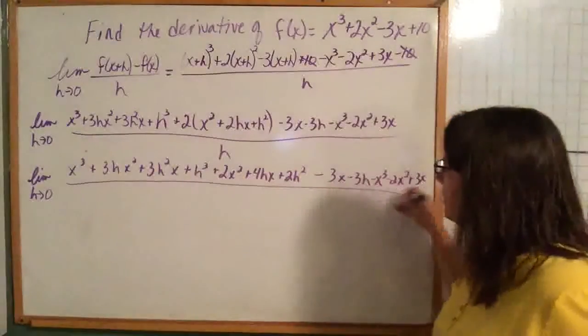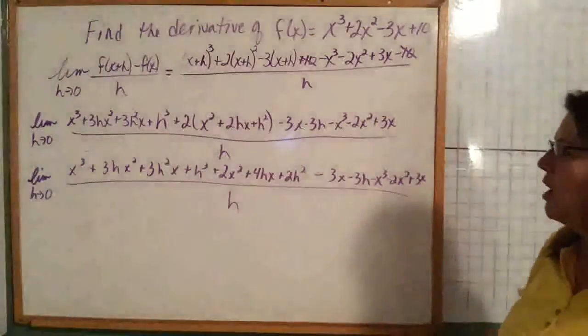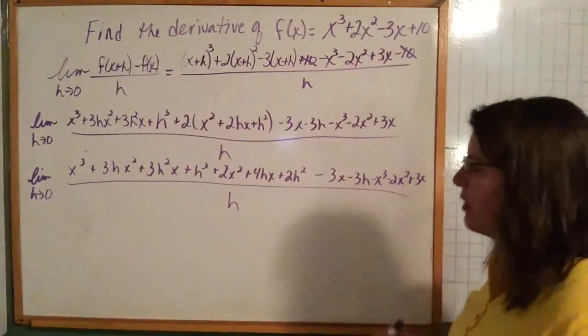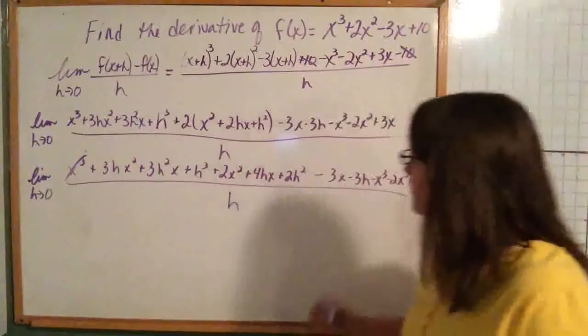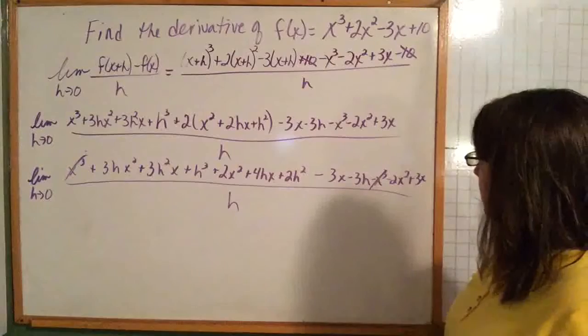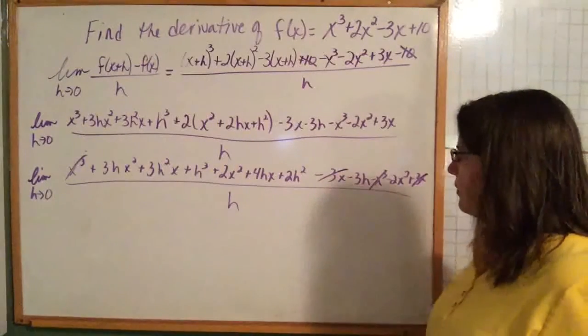I'm sure you're enjoying all of this algebra work. We're almost there. Let's see, we're going to cancel out anything that will cancel out. So x cubed, x cubed. Let's see, 3x and negative 3x.